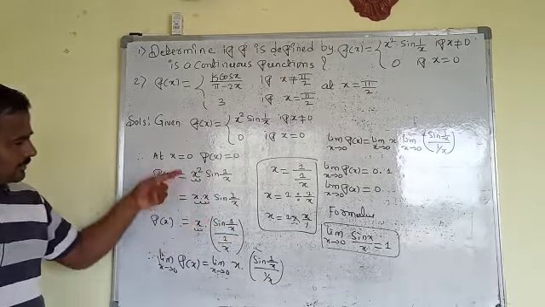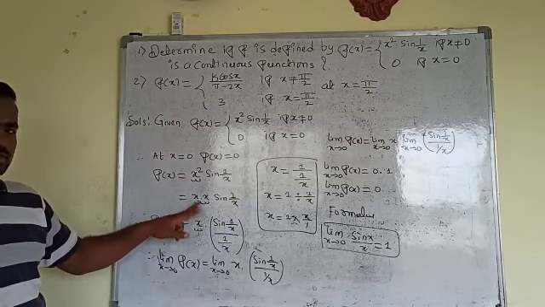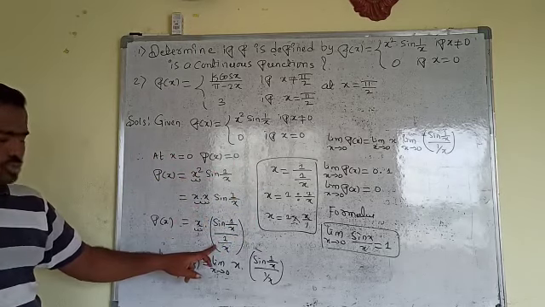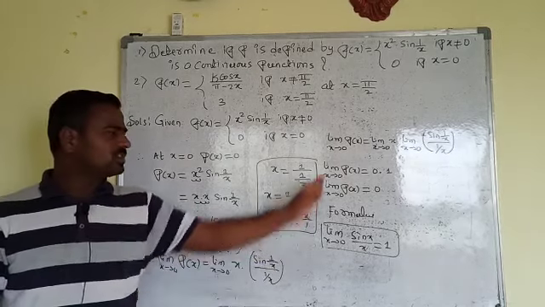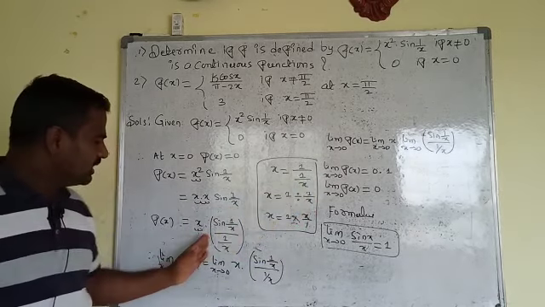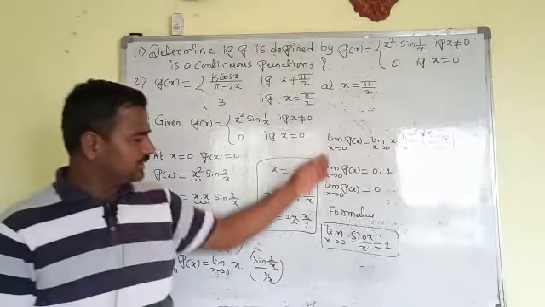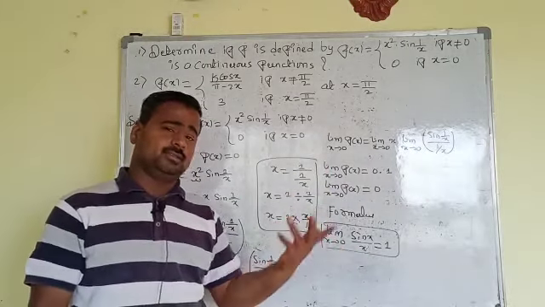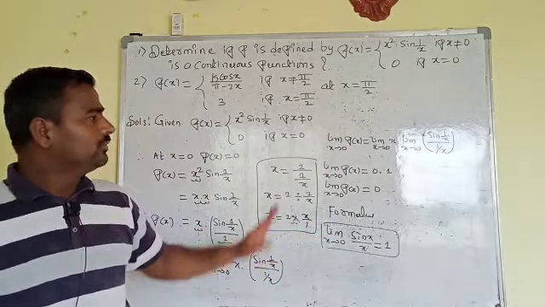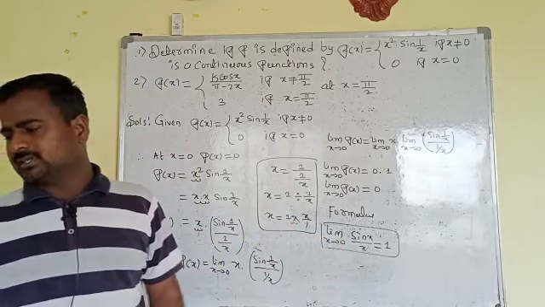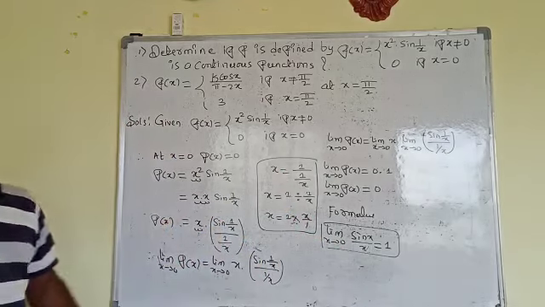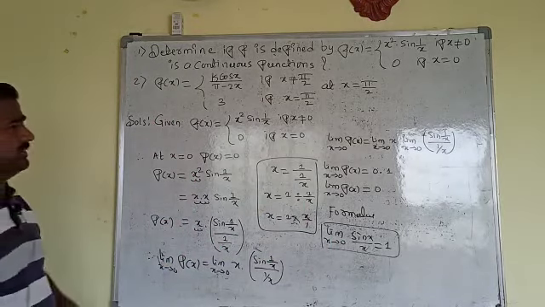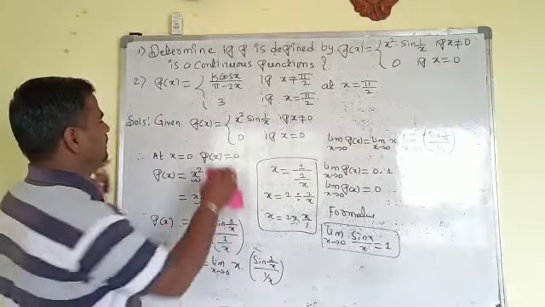Here x square I write as x into x, so one x goes into the denominator, and apply the sandwich theorem and simplification. Here is how I convert this, the process, the formula. Hence this is the required value we are going to find out. Next, the second one, I am going to discuss. Look at this one. Any doubts? You can ask in the next videos.